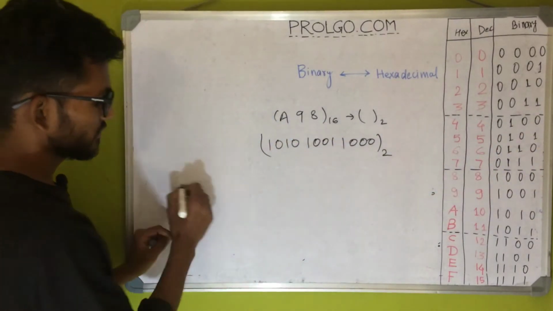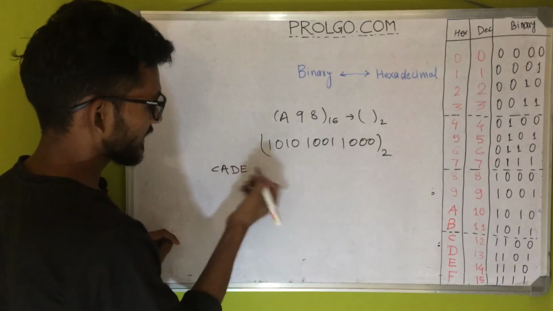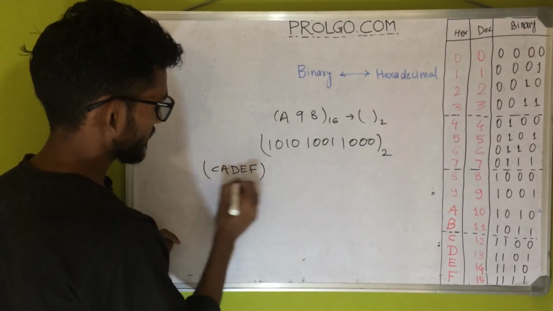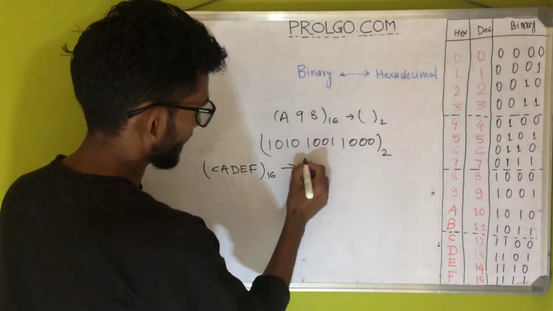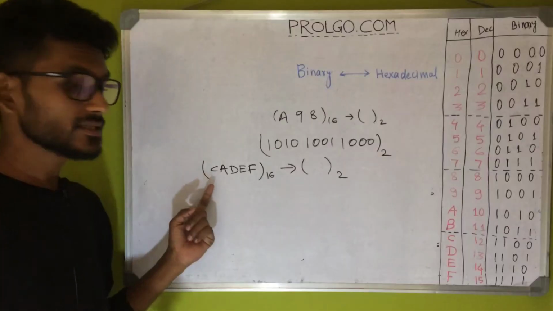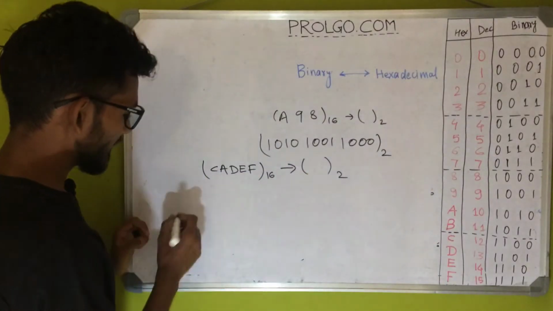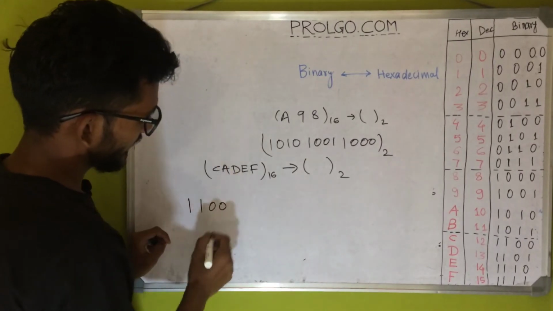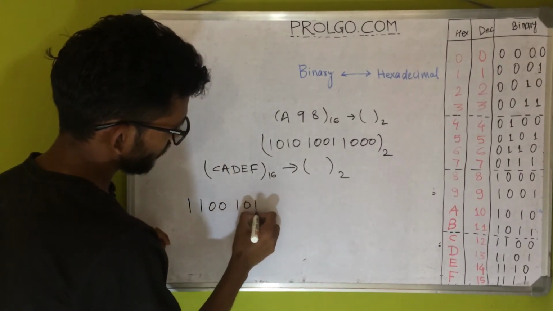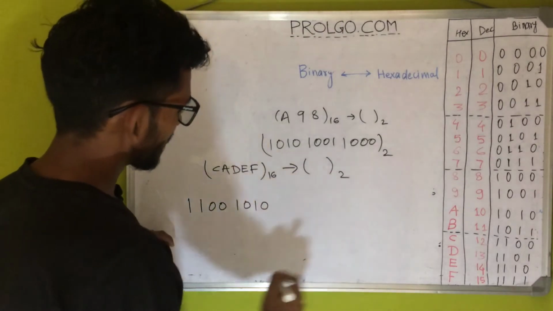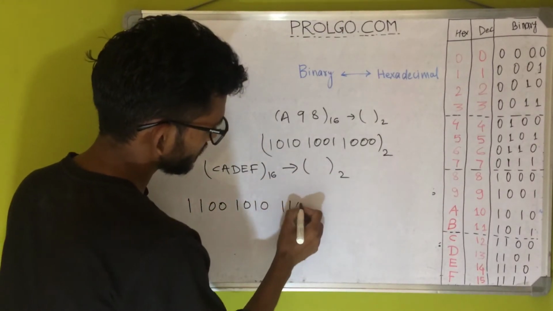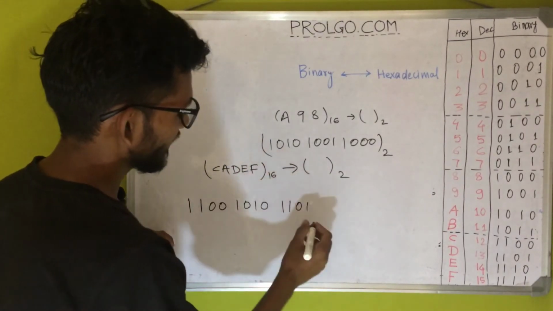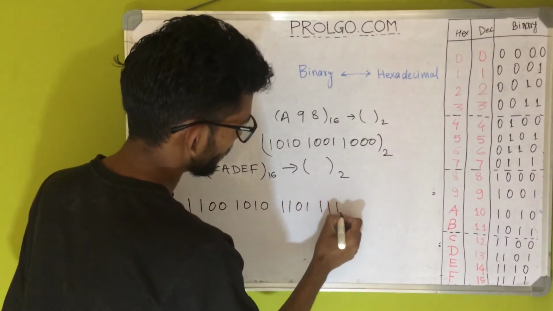Take another one which says CADEF. This is in hexadecimal and we have to convert it into binary. This is C. C is equivalent to 12. So 8, 4, 0, 0. Then A is 10, 1010. D is 13, 8, 4, 0, 1. And then E is 14, 8, 4, 2, 1.